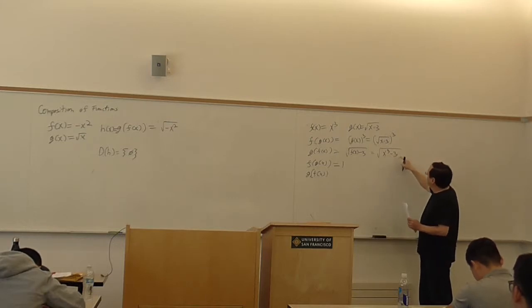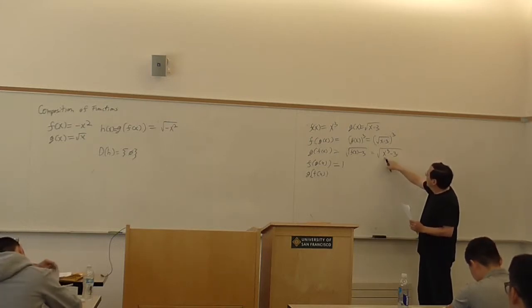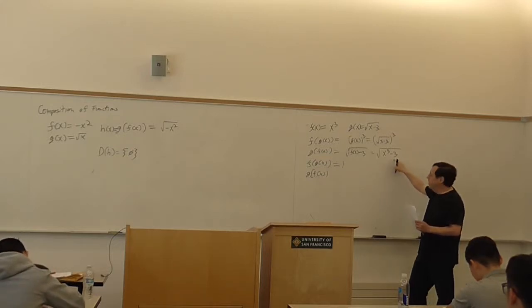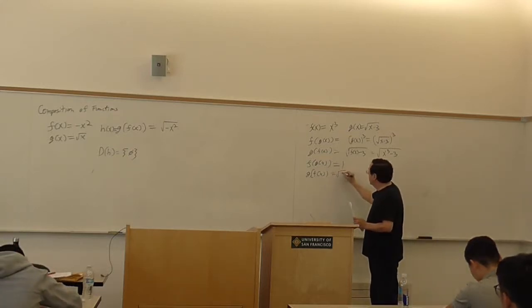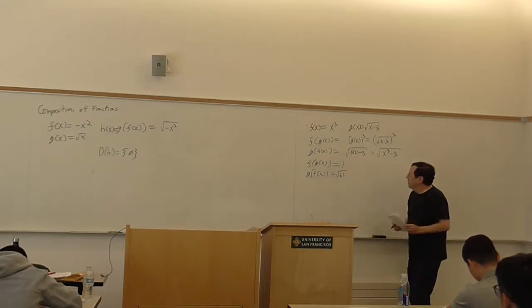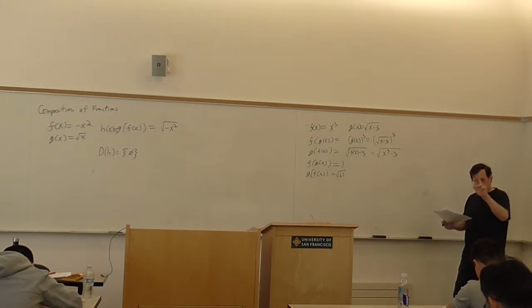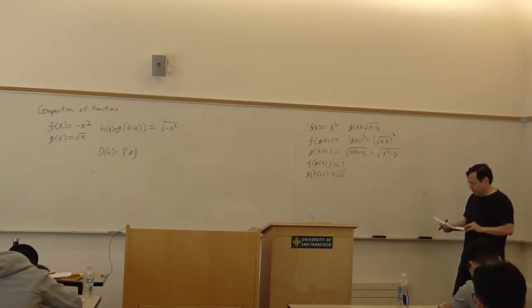Square root of x cubed minus 3: I plug in 4, 4 cubed is 64, minus 3, square root of 61. So again, two functions where the order of the composition is crucial.